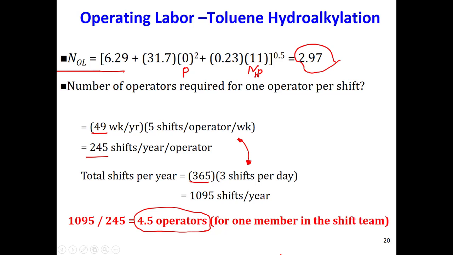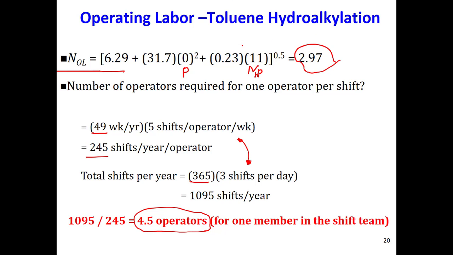For that shift you need this many operators over a year. Let's say today is my shift and we are 10 members; over a year, for each of these members we need 4.5 operators. Hopefully you can understand it.